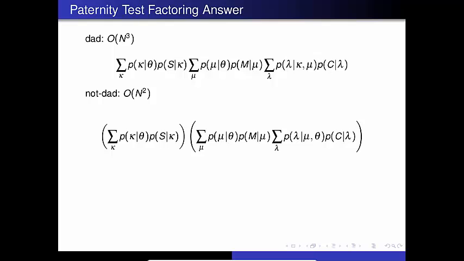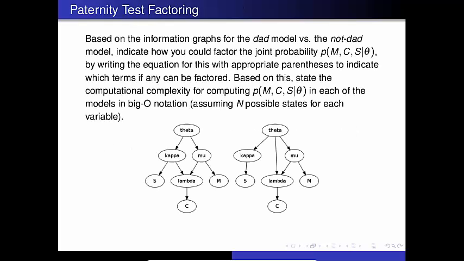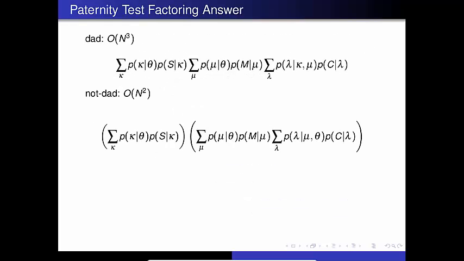But because it's only asking about the probability of the observations given theta, and those observations are connected to each other through kappa, lambda, mu, not only am I required to have kappa, lambda, mu in my information graph structure, but that also gives me these factors to get rid of kappa, lambda, mu in the usual way. We're summing over all possible values of kappa, lambda, mu. Great question. Other questions?